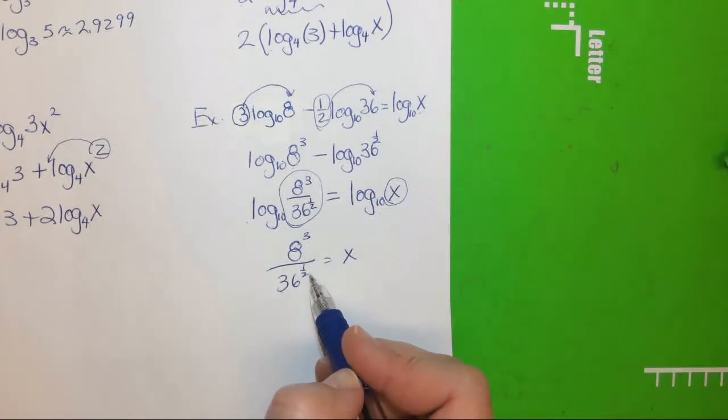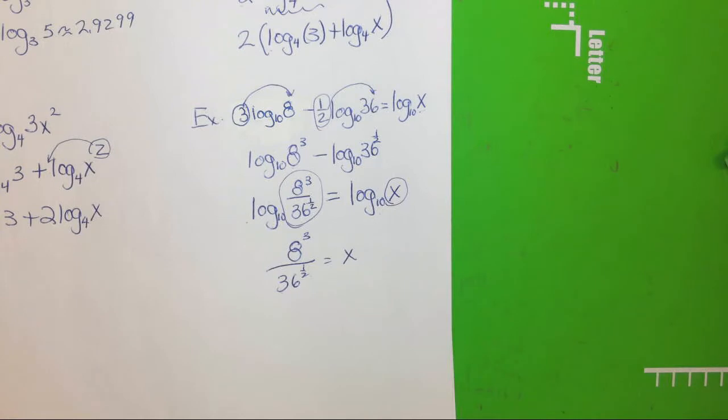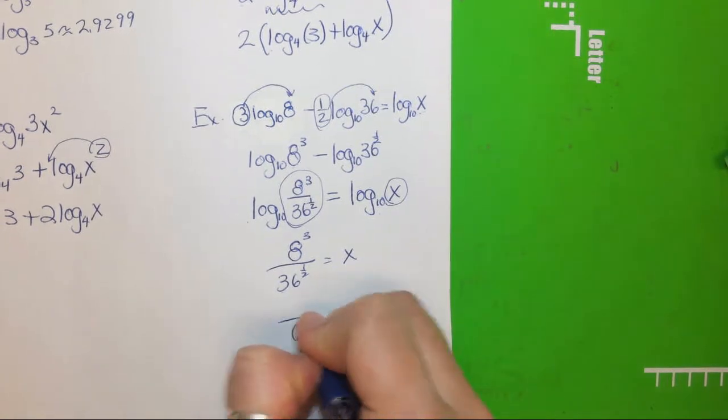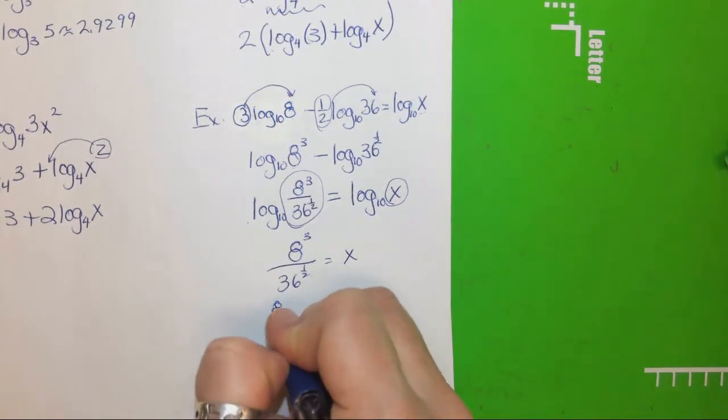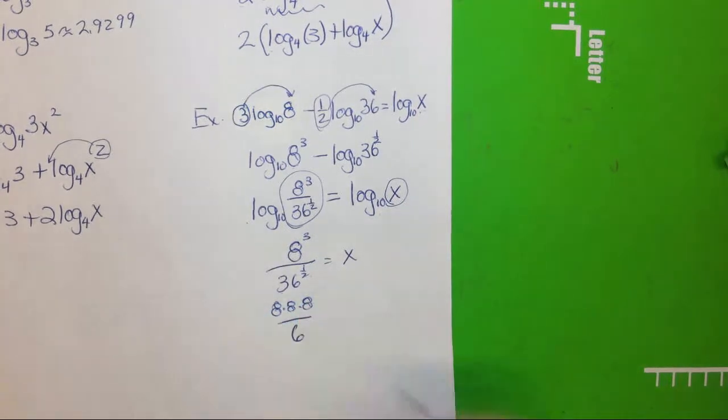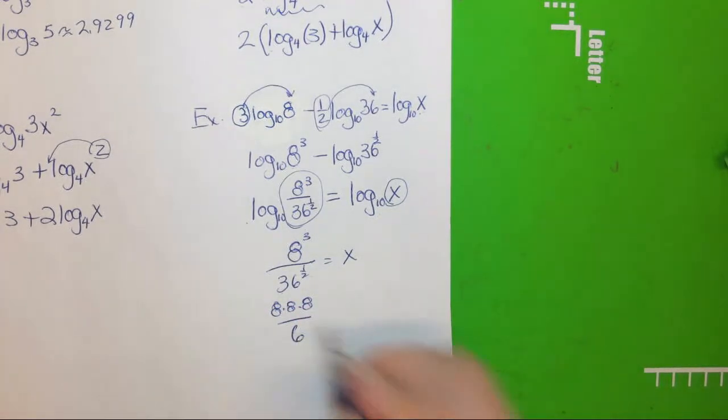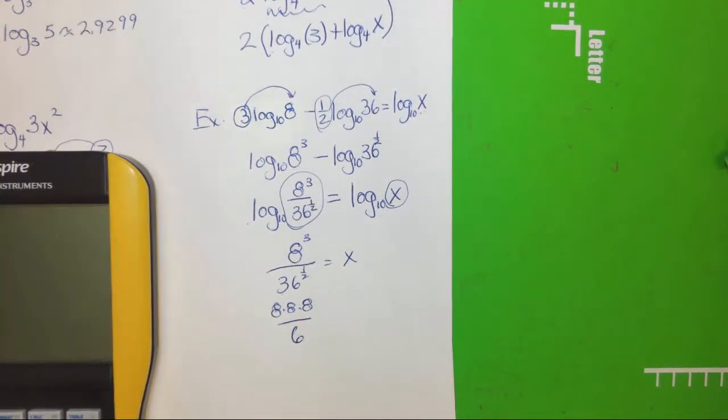Well, 36 to the 1/2 power is the same thing as the square root of 36, so that would be 6. And then we have 8 times 8 times 8, so we would have 8 cubed.